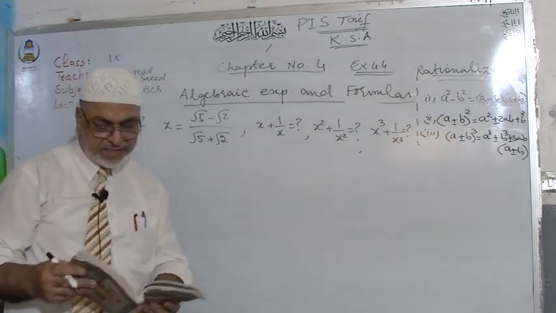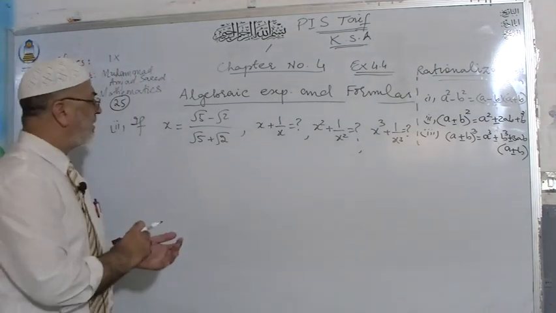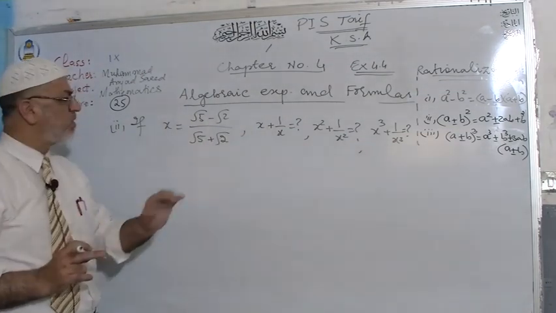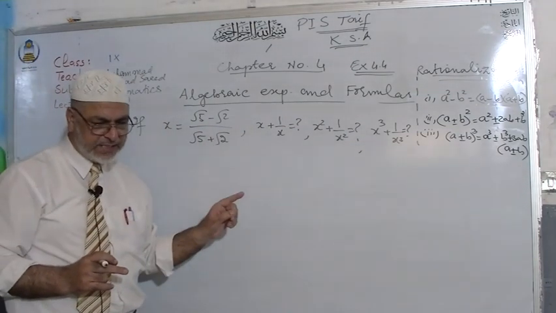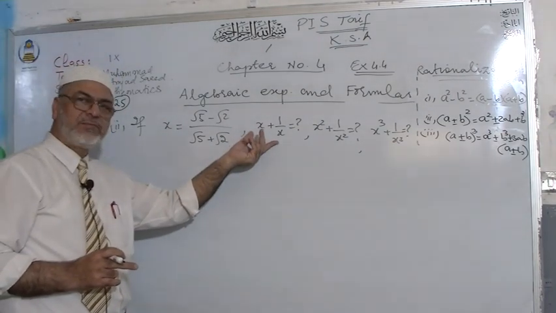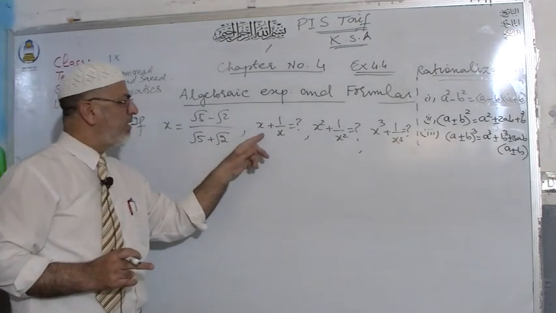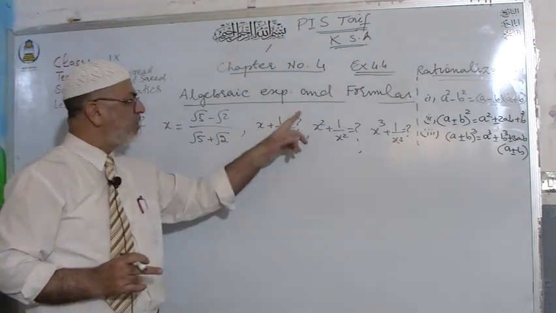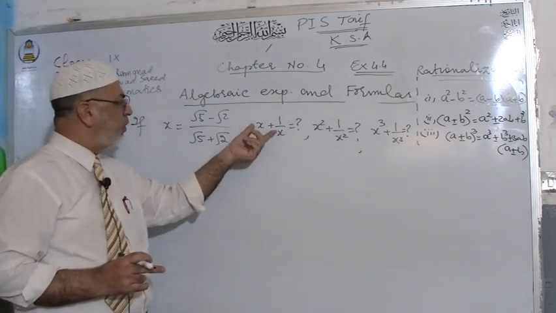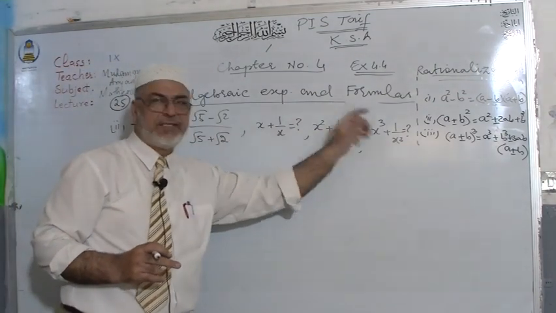But our first target is to find the value of 1 over x. First target is to find the value of 1 over x, and then we will add them. Okay? You will find the answer of this one. And squaring both sides, you will find the answer of this one. And cubing both sides to get this answer.